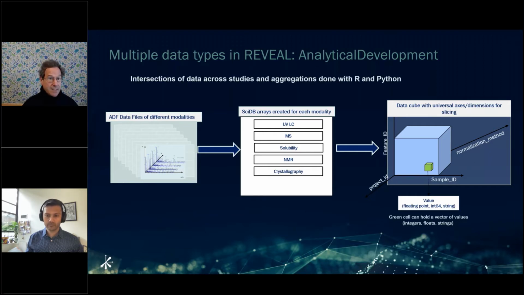So what this means is that your queries in R or Python or your GUI would be asking to return data, for instance, along the dimensions of samples, project IDs, feature IDs, and features could be chemical entities, they could be projects, anything along that line, as well as normalization.